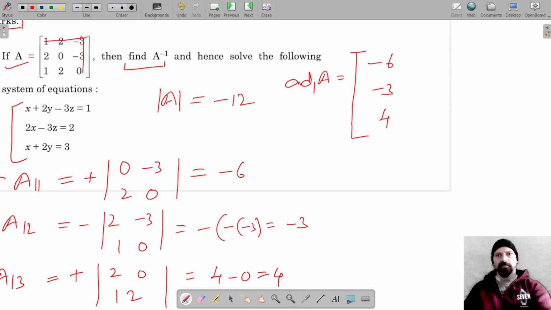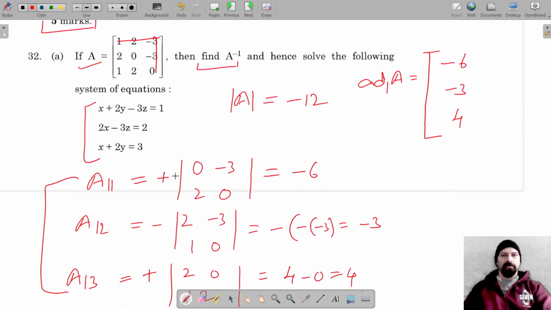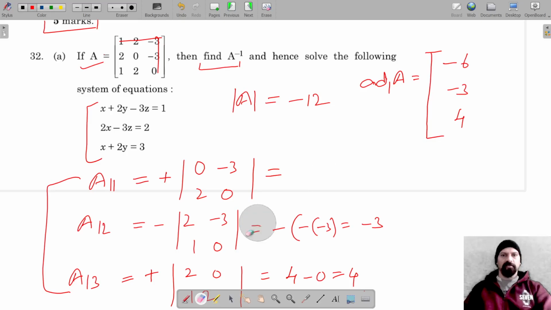So negative 6, negative 3, and 4. Actually, this should be 6, because 0 into 0 is 0 minus negative 6, which gives 6. So this is 6, negative 3, and 4.